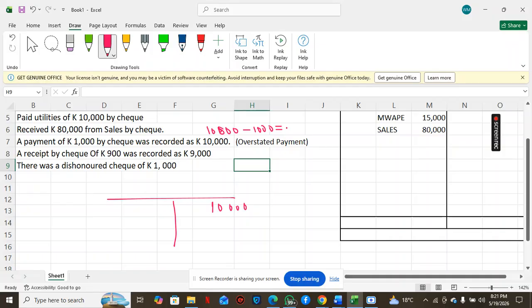You get 9,000. The check was overstated by 9,000 kwacha. So we need to correct this error and reduce this overstatement.